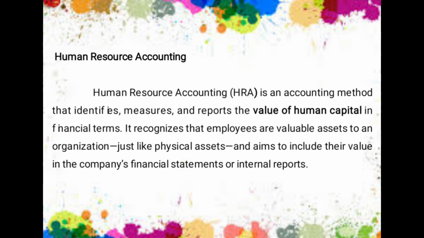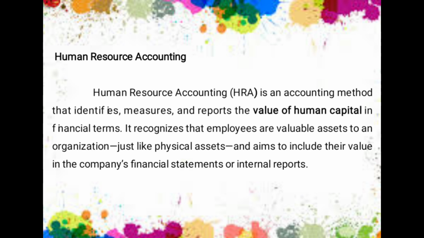First one is cost based approaches. The second one is value based approaches. So there are two types of methods, cost based approach and value based approach. The first one is the historical cost method, then the replacement cost method.